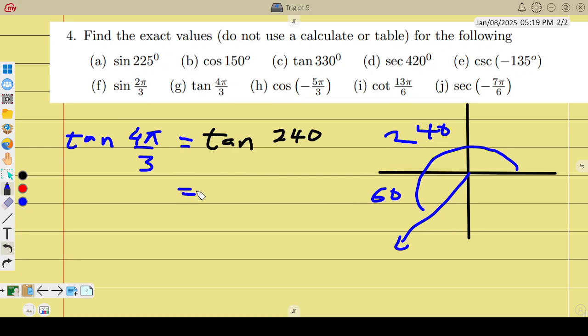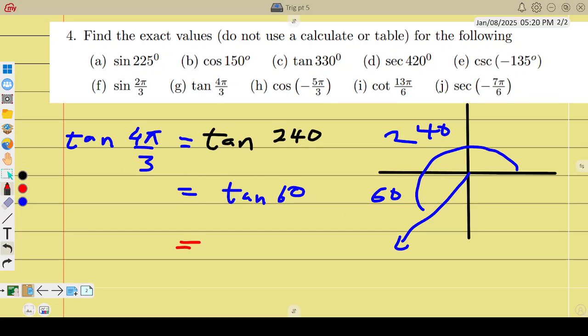So this further means that tan 240 is basically tan 60. And then we just consider the sign. What is the sign here? All students take. So tan is positive in here. So you can find tan 60. That will be your exercise. Find tan 60.